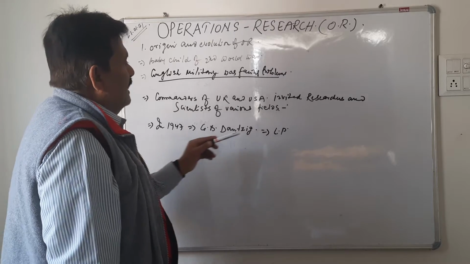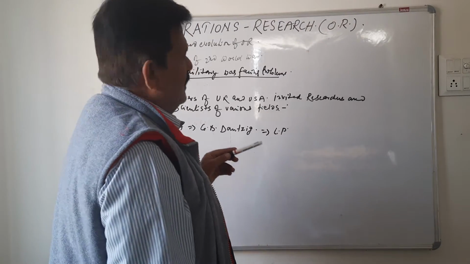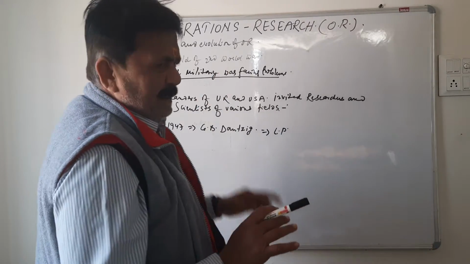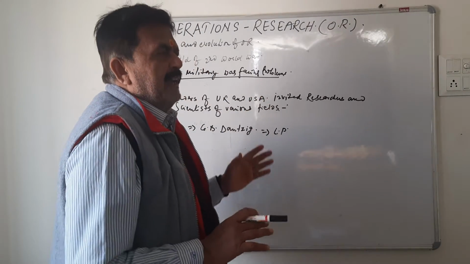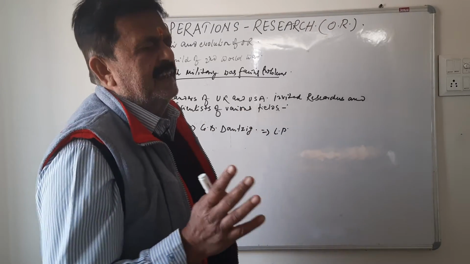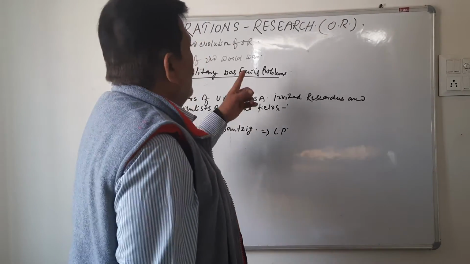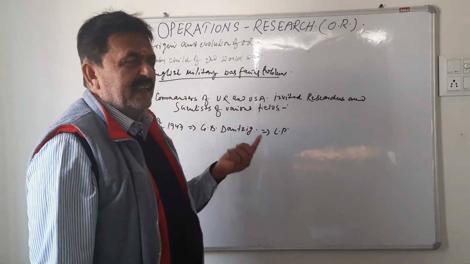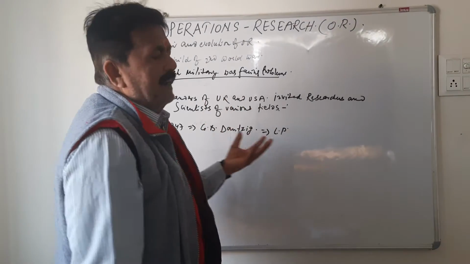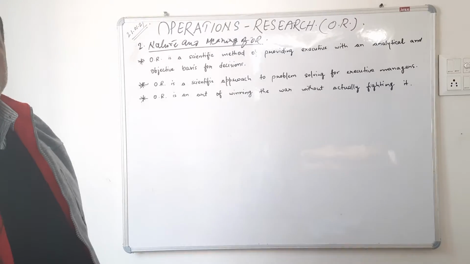Today we have linear programming methods and techniques for solving OR models. By the end of this point, I would like to say that OR is concerned with optimization problems. Whatever resources the world has, OR suggests how to maximize gain from the minimum resources. So this is how OR came into existence.